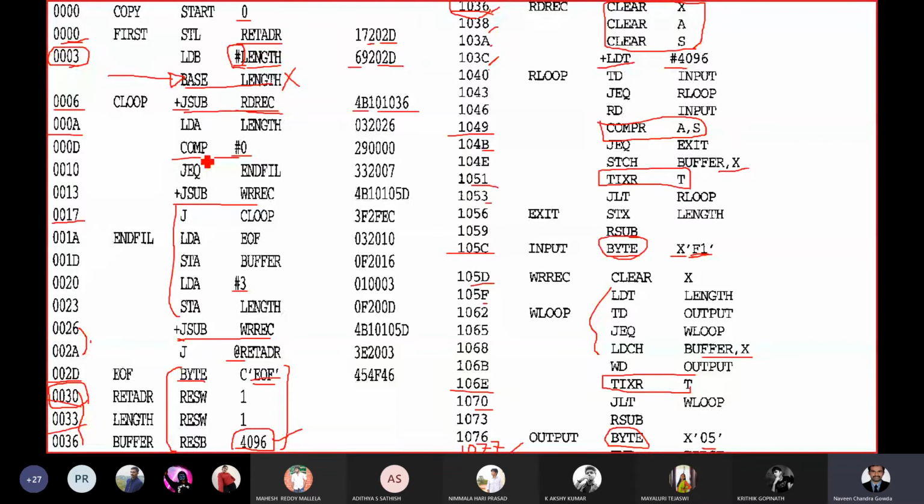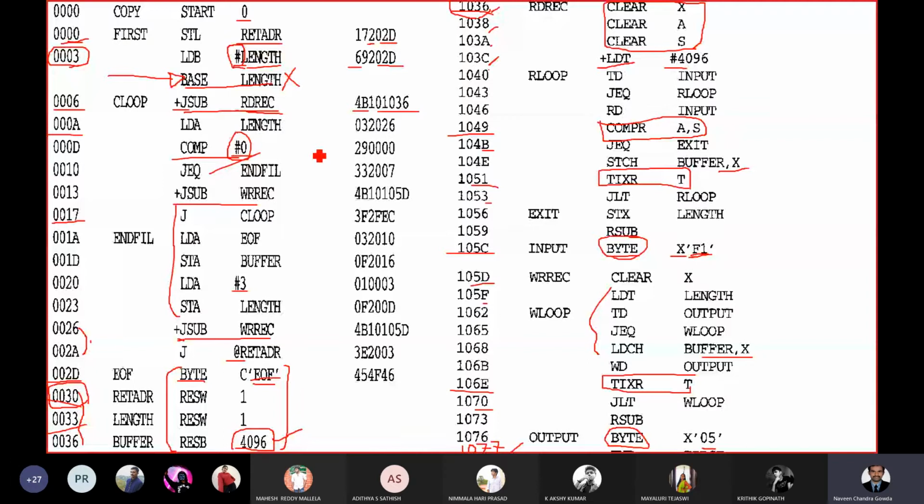But what is the operand here? The operand is 0. I repeat, operand is 0. When the operand is 0, there won't be any address for that, because 0 is a constant value. There won't be any memory reference for it. So when it has no memory reference, the address will remain as zeros only. So BP also will be set as 0 0. That's what you got, 2940 for the compare hash 0.